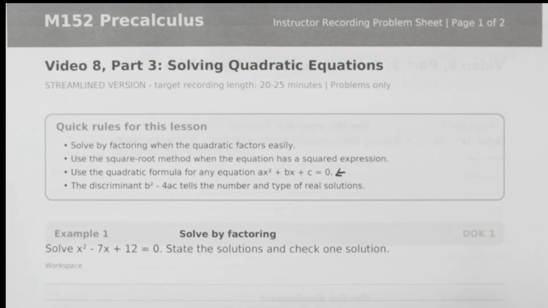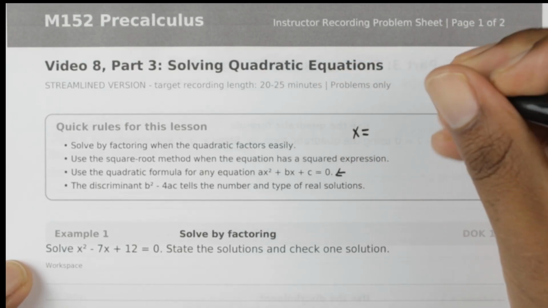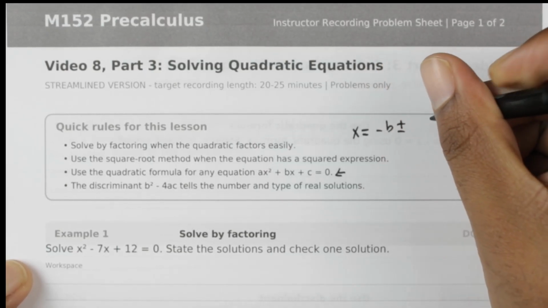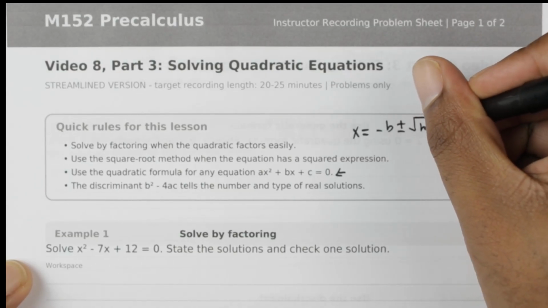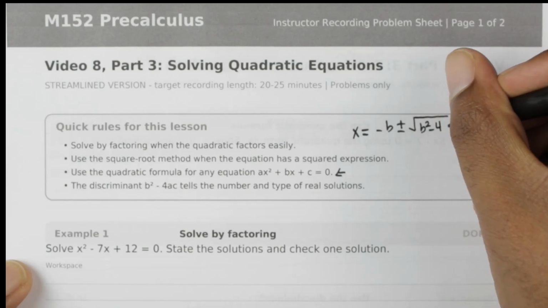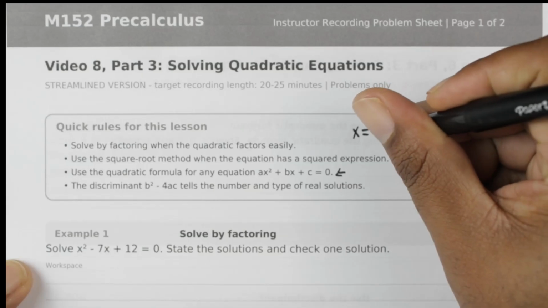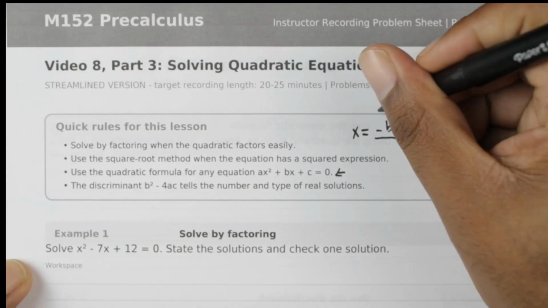And then the quadratic formula can be written as x equals negative b plus or minus the square root of the discriminant, b squared minus 4ac, divided by 2a.